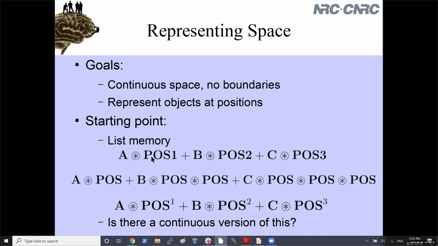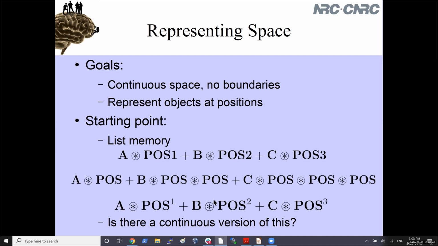But when we defined that, we didn't randomly choose a vector for position 1 and a vector for position 2 and a vector for position 3. We wanted there to be some relationship between those vectors, because 1 should be related to 2 as 2 is to 3. And so the way we defined it is we have some vector that means position, and then we just combine that with itself to get a new vector that means position 2 and a new vector that means position 3.